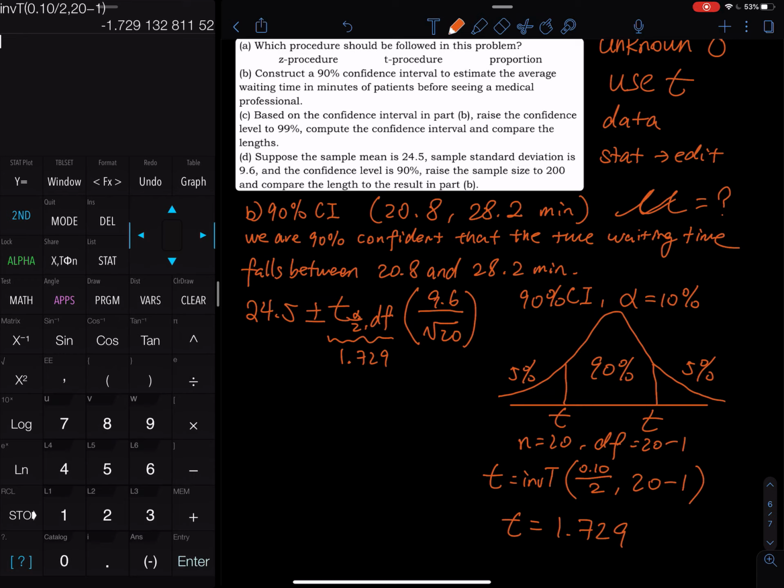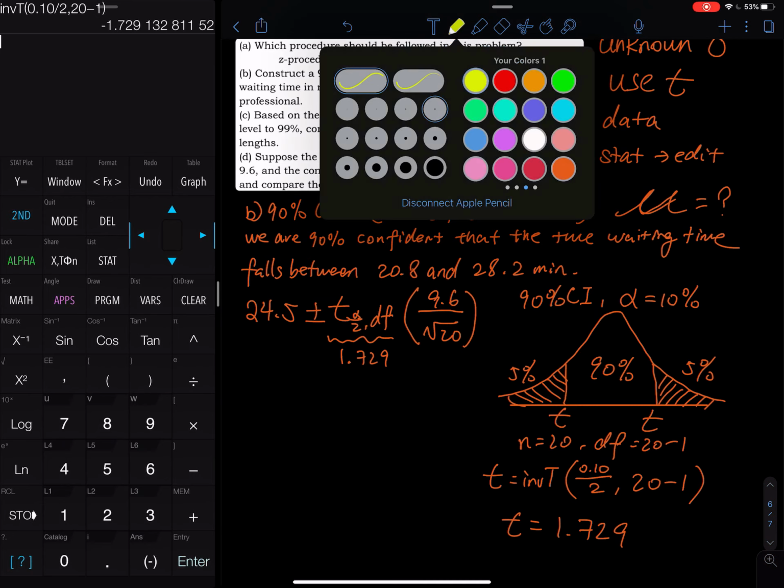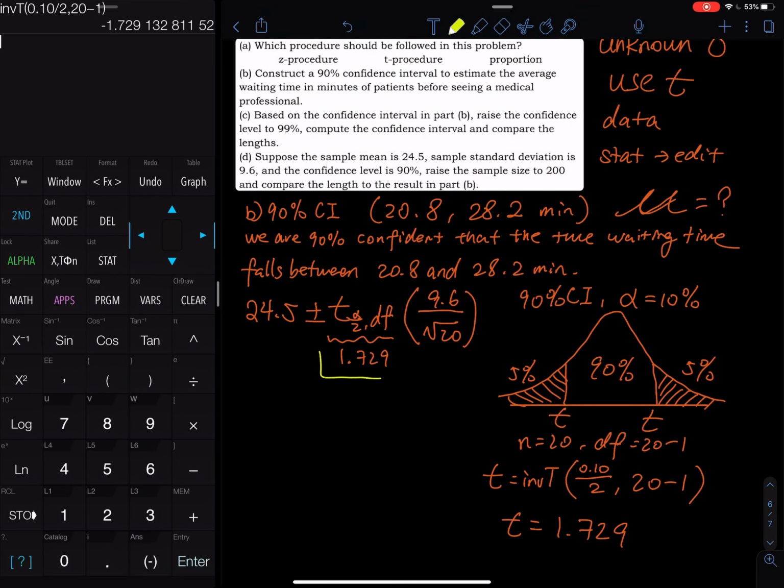Okay, so sometimes you have to show this plugin as well. And then for the area, the t corresponds to what area? Corresponds to these two areas. And you have to be able to shade that on your own paper, depending on your class, your homeworks. Other than that, you might also be asked to calculate the margin of error, which is this.